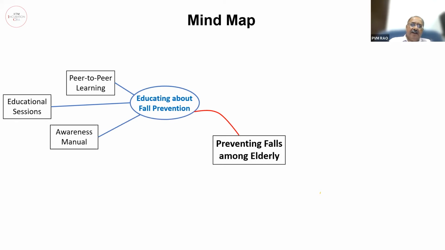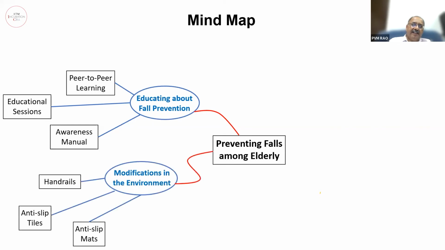Or a solution can take another direction: can we modify the environment to prevent falls? Can I provide handrails or any such devices? Can I have anti-slip mats or tiles? That could be another way of looking at it.